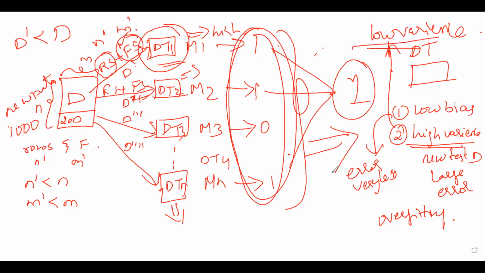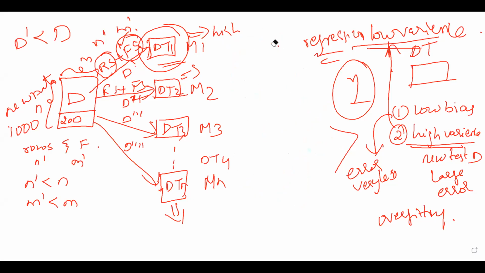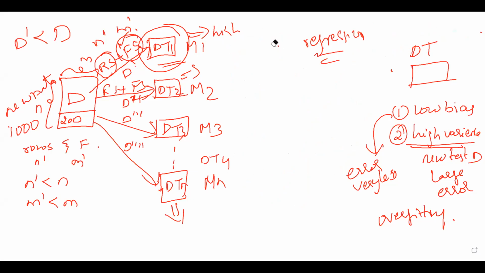Suppose this is not binary classification, but a regression problem. Then the decision trees will give continuous values.